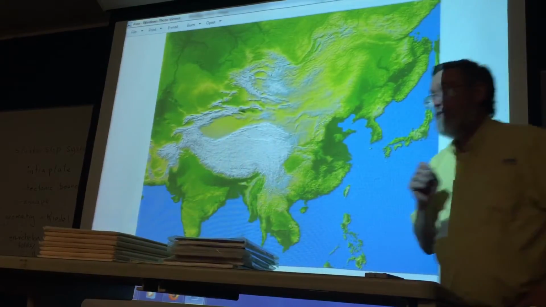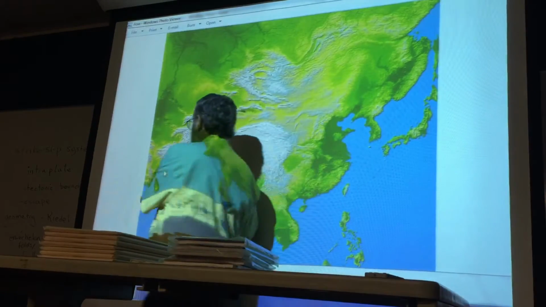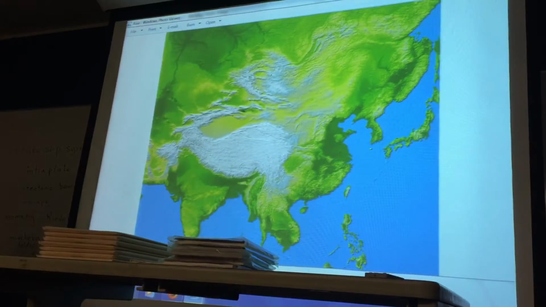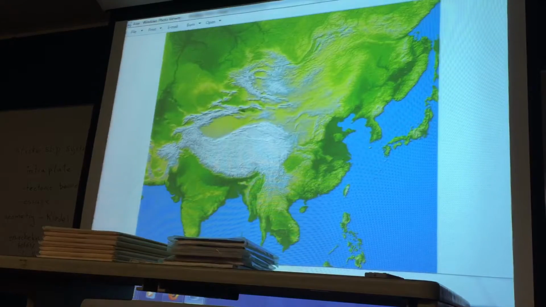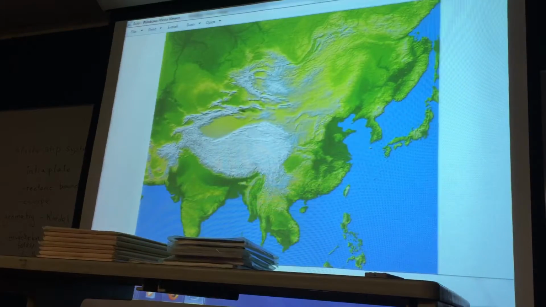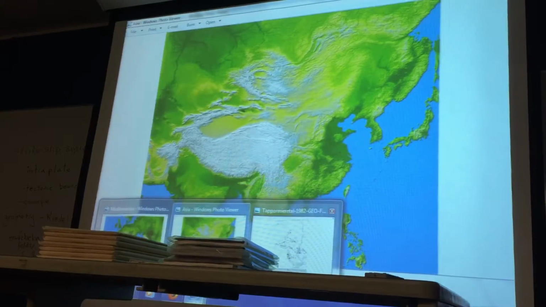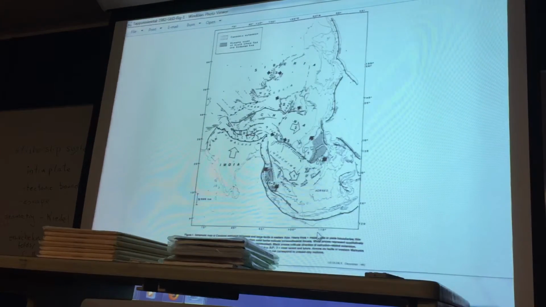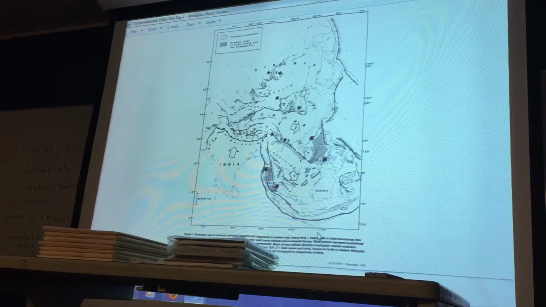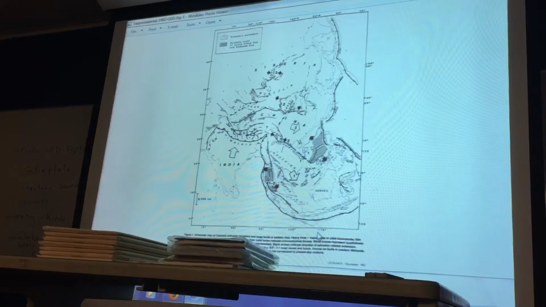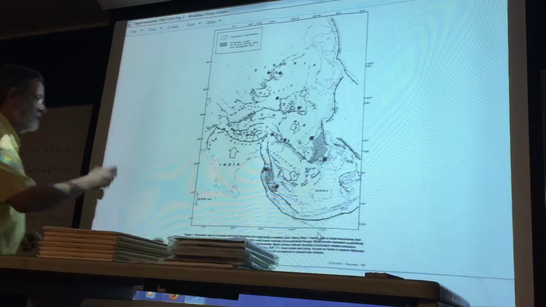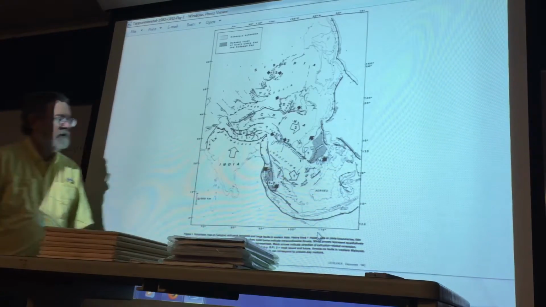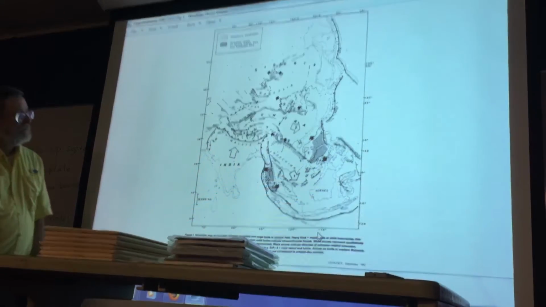And so if we look at this, instead of from our shuttle radar, as a geologic map, this is what we interpret. This is from a classic paper that started these concepts, by Tapponnier in 1982.